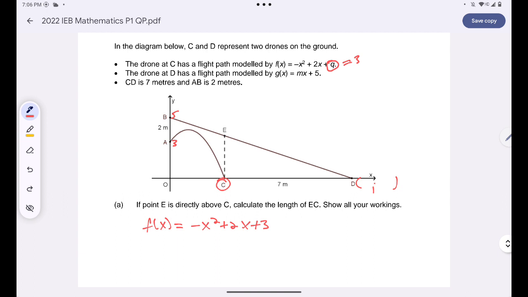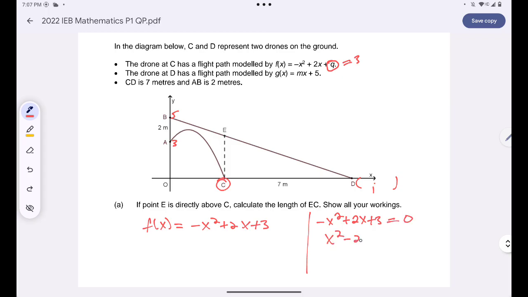Let's first find the coordinates of c. How can you do that? C is the x-intercept of path C. So I'll simply say f of x is equal to 0, and I know f of x is equal to negative x squared plus 2x plus 3. This is equal to 0.